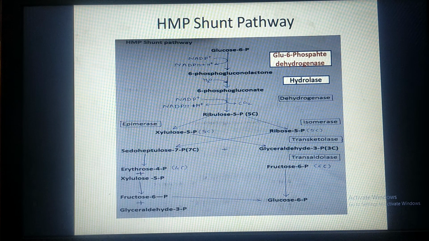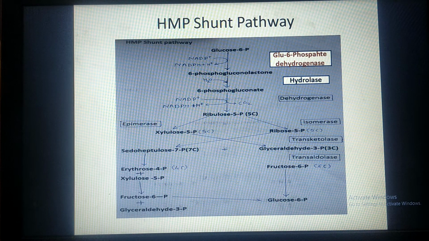Glucose 6-phosphate undergoes oxidation to form 6-phosphogluconolactone. The enzyme required for this step is glucose 6-phosphate dehydrogenase. Here two hydrogen atoms from glucose 6-phosphate are removed and accepted by NADP to form NADPH.